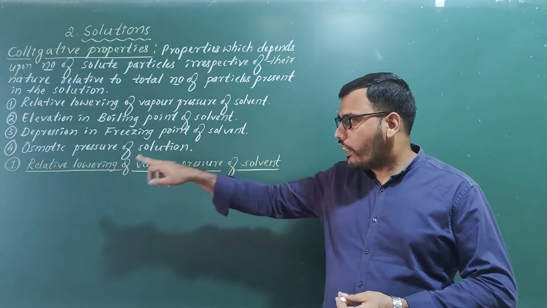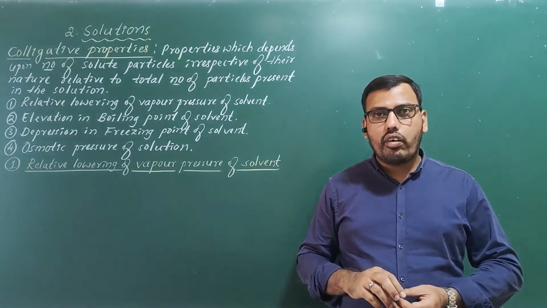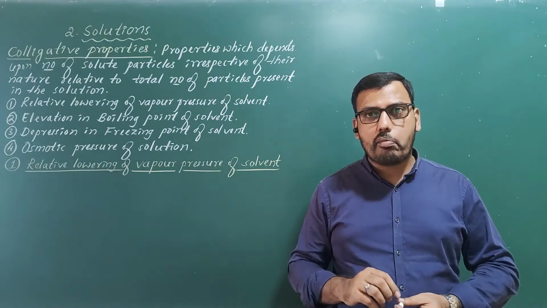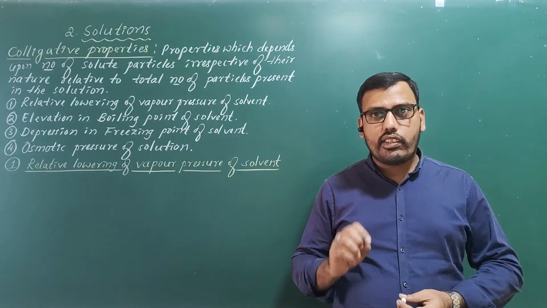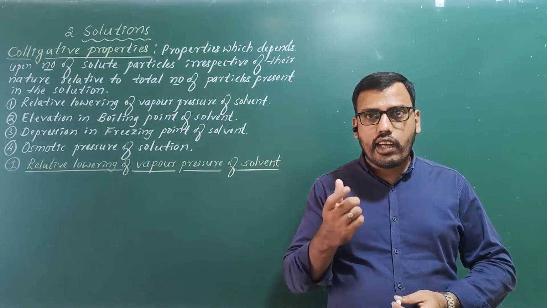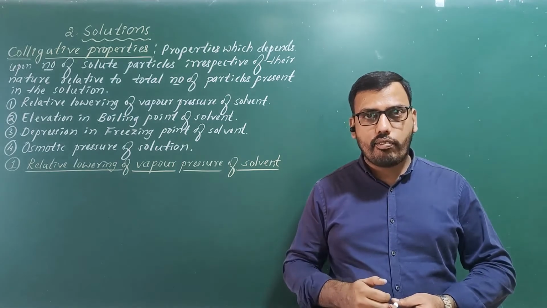So what does relative lowering of vapor pressure of solvent mean? Suppose the vapor pressure of pure solvent is represented by P1 naught and the vapor pressure of the solution by P1. Then P1 naught minus P1 is the lowering of vapor pressure.